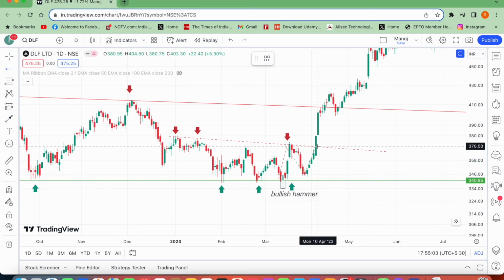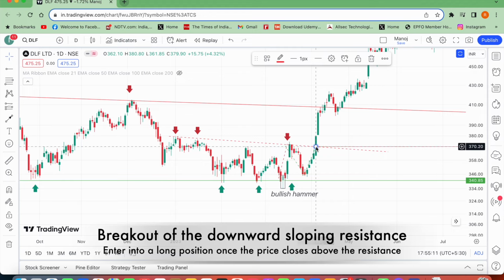I can mark this trend line resistance over here, and whenever the prices breach this particular resistance, I can take an entry over here.